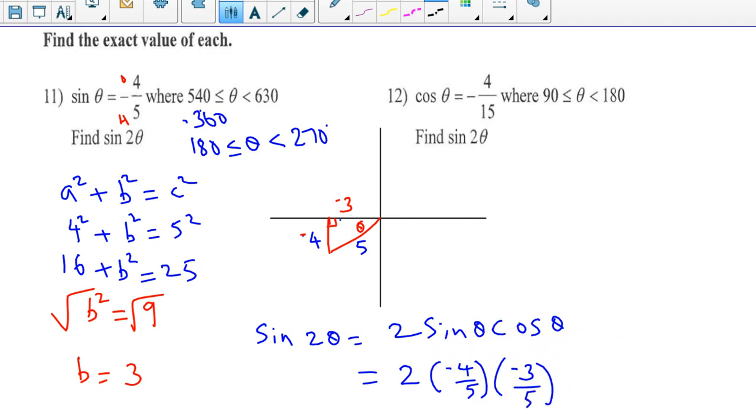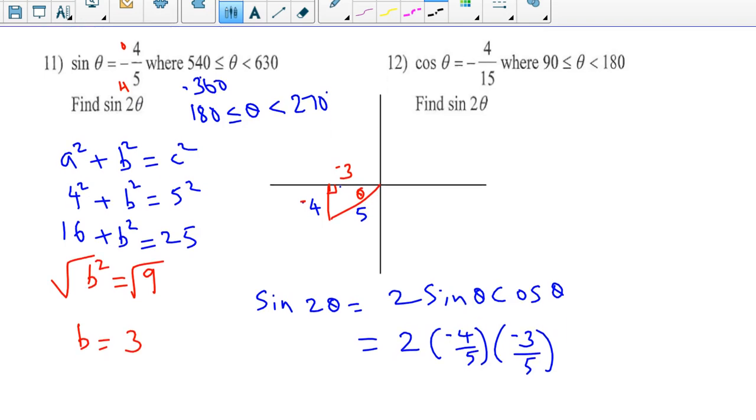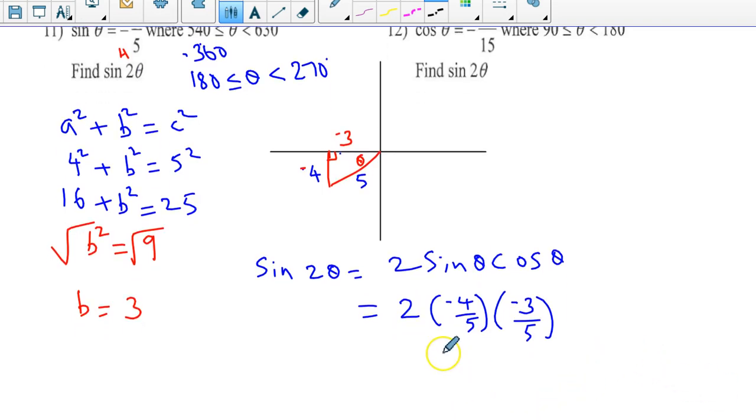We know these sine and cosine values, right? Okay, multiply. 2 times 4 is 8, with the negative, 8 times negative 3 is positive 24, and in the denominator I have only 5 and 5. 5 times 5, 25.